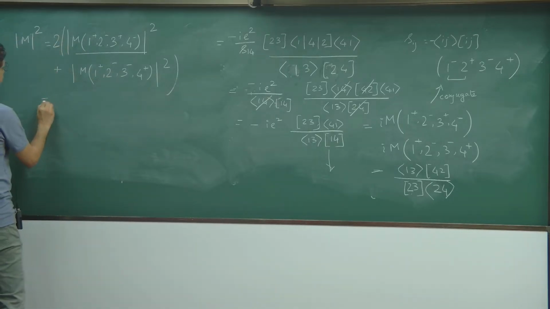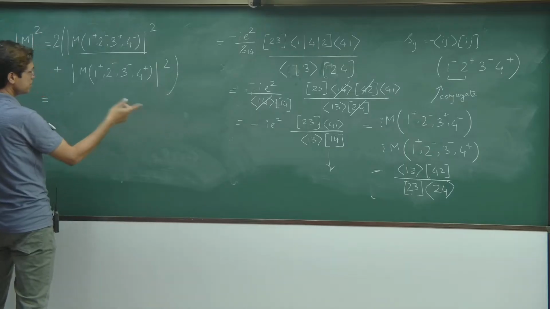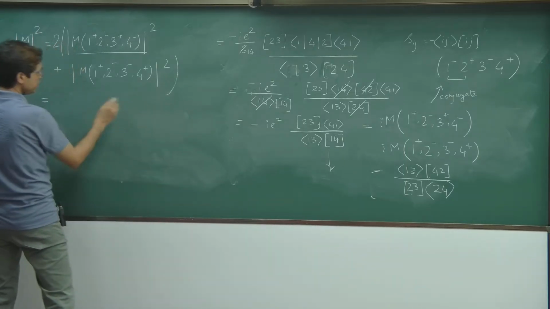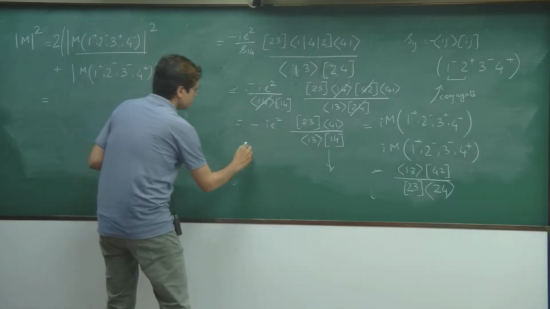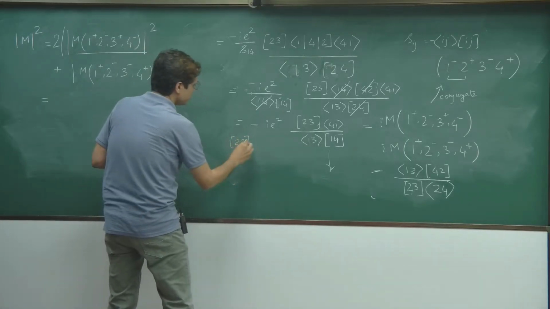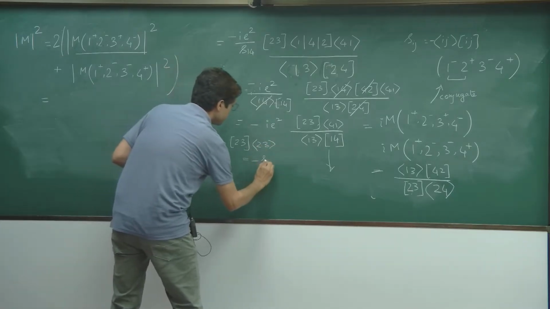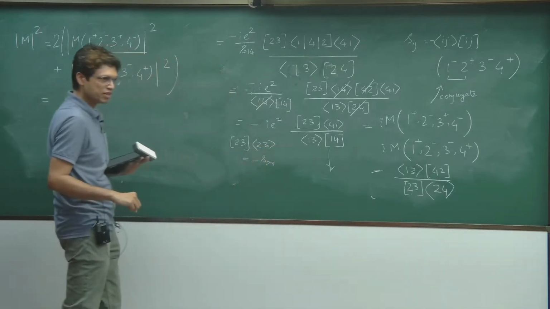And if I do the squaring, for the first diagram, what was the expression? Suppose I have 2 3, then if I square it, I will get 2 3 times 2 3, right? So basically minus s 2 3, right?